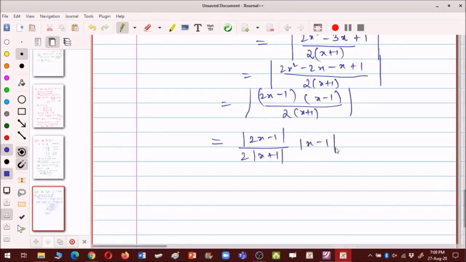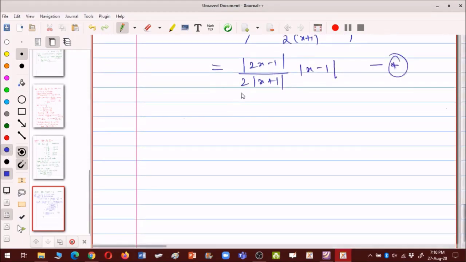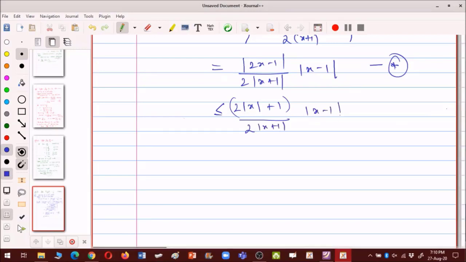So we have to reduce the numerator, using triangle inequality I can write it like this: |2x - 1| |x - 1| upon 2|x + 1|. Denominator we will not use triangle inequality because we have to reduce the denominator by something smaller.